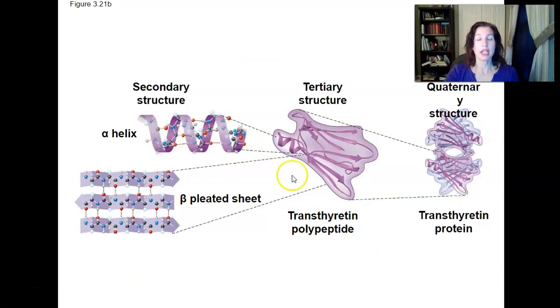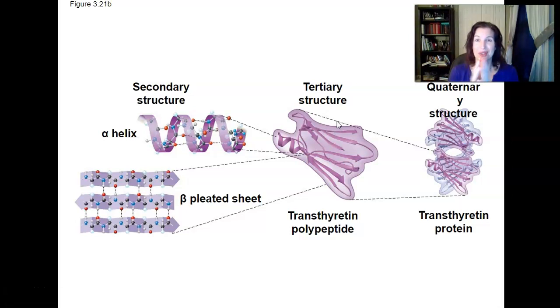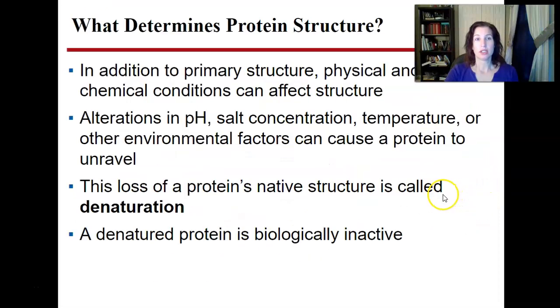Secondary structure is formed by those hydrogen bonds, so it could form this alpha helix or beta pleated sheet. Tertiary structure, then, is the bending where it gets its final shape. Remember when you guys did that with all the tacks, right? That is determined by the R groups, those functional groups, and how they are going to interact with each other. And then again, sometimes we can have that quaternary structure if we have two proteins joining together.